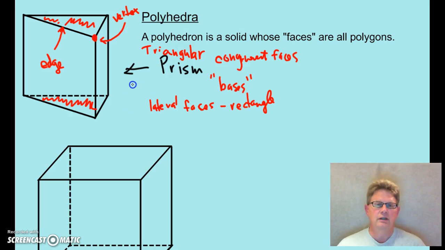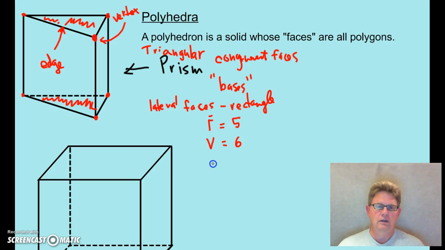So looking at that triangular prism, how many faces does it have? It has two triangles and three lateral rectangles. That would be 5 faces. How many vertices does it have? Let's see here. 1, 2, 3, 4, 5, 6. It has 6 vertices.